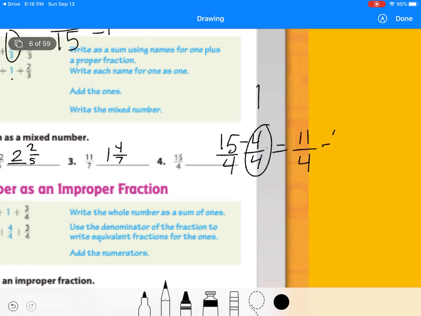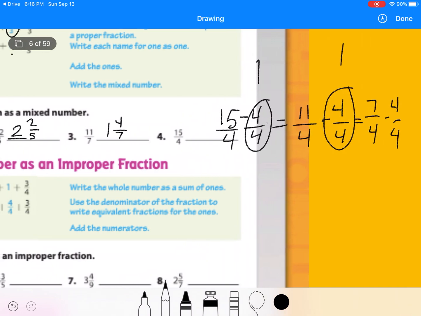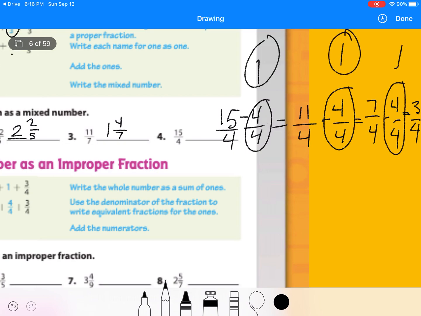Can I take out 4 more? Let's try. 11 minus 4 is 7. So I have another whole right there. Now let me try taking out another 4/4. 7 minus 4 is 3/4. So yes. So I have 1, 2, 3 wholes, and I have a 3/4 down here.